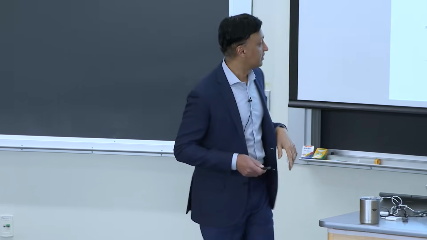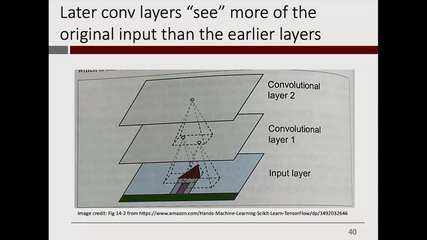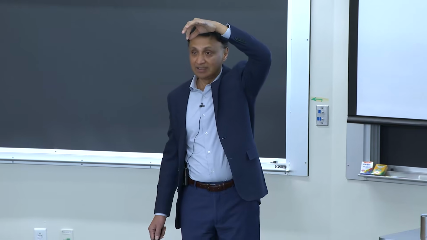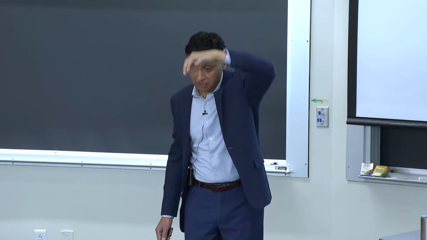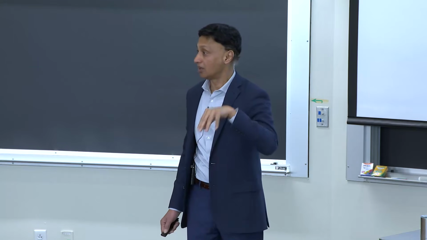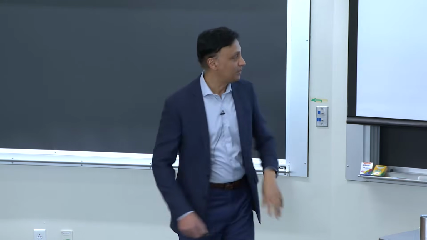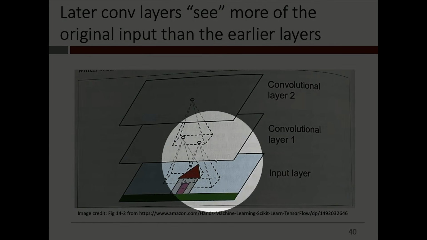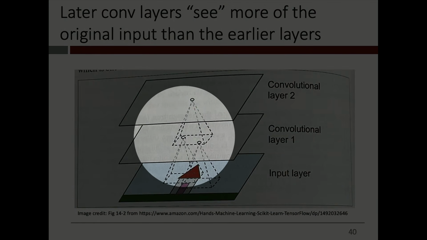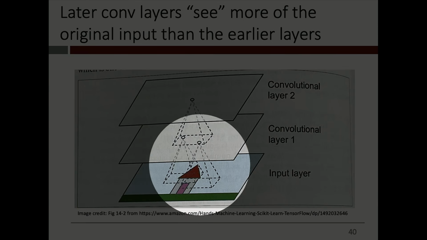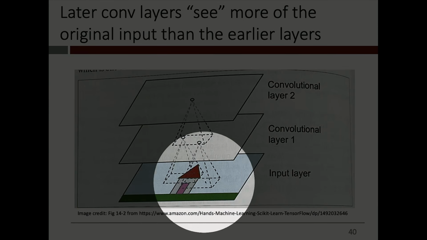Now, one other thing I want to talk about is that with every succeeding convolutional layer, any particular convolutional filter is implicitly seeing much more of the input image as we go along. If this is the input, this number here in the first layer sees only, say, the top of the chimney of this house.